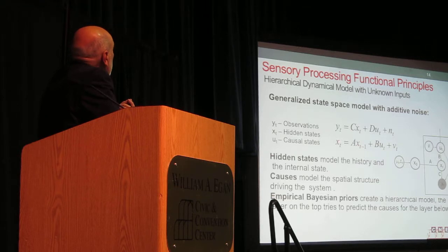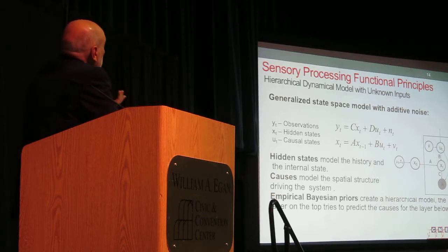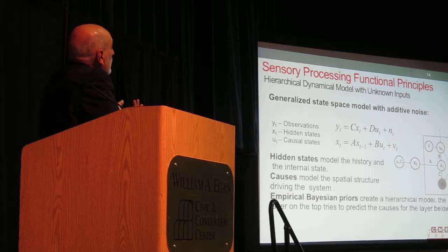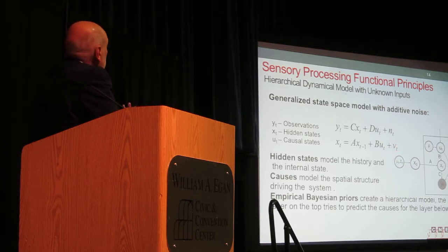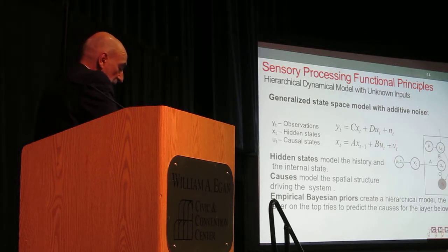Subtracting this from the current value that you measure for the state gives you a difference, the uncertainty v of t. To train these models, you would like to minimize these two terms, n of t and v of t, and we are going to do that using an empirical Bayes prior.